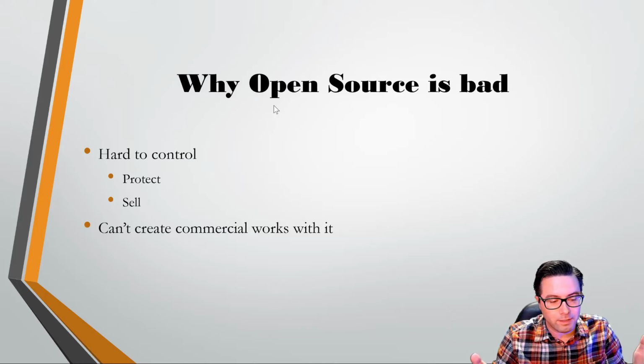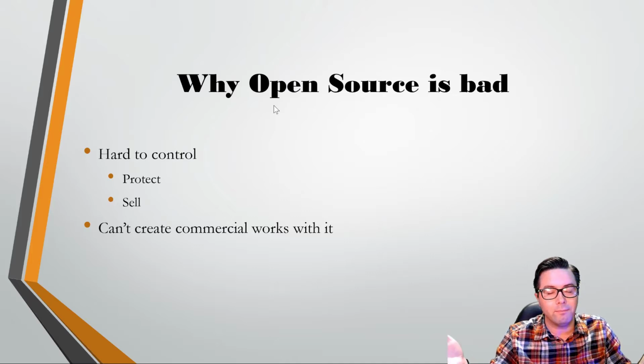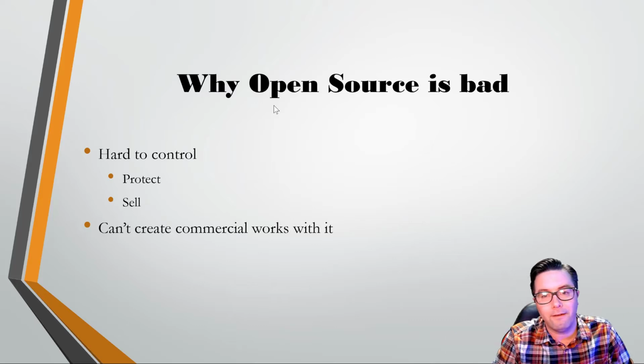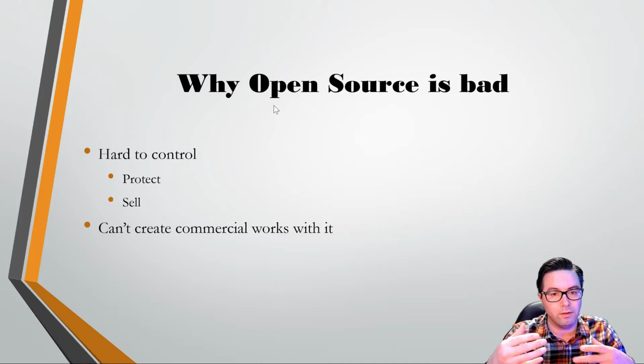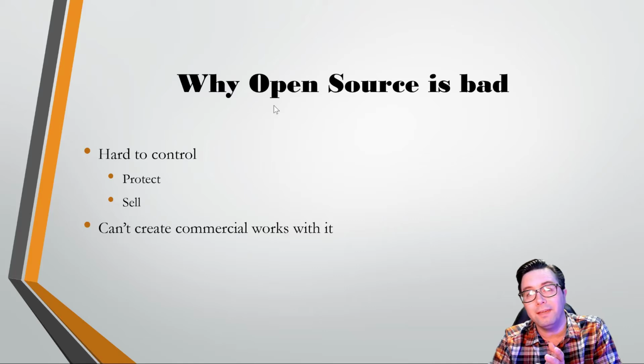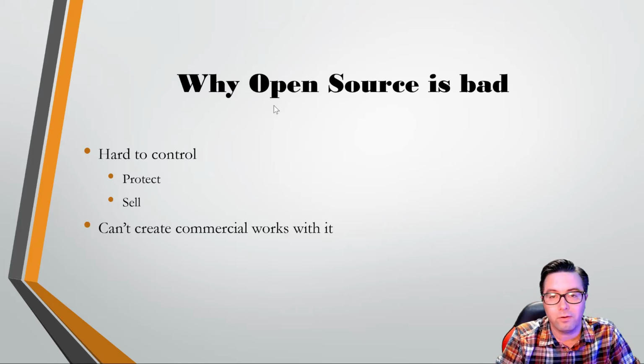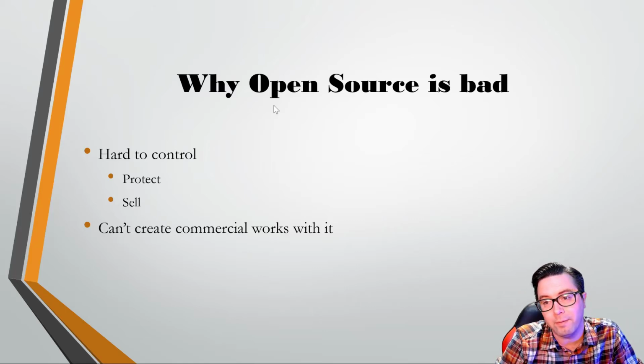If you notice your software is on everybody's computer and only one person paid for it, then you have a clear violation. Whereas with open source, the distribution gets kind of weird. So the idea is open source is harder to control, and that's a reason why people might not do it.